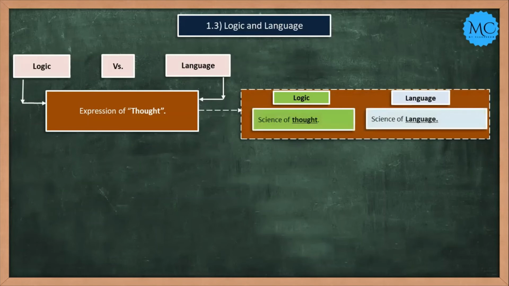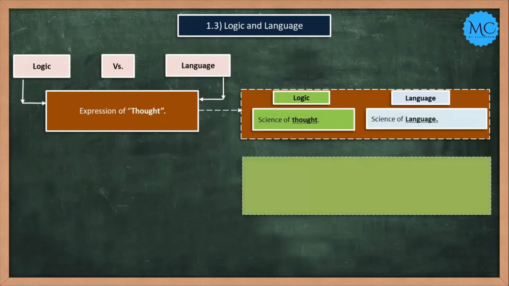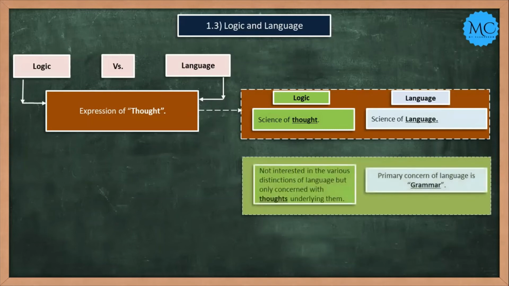So we can say logic is the science of thought and language is the science of language. The difference: logic is not interested in various distinctions of language, but only concerned with the thoughts underlying them, the thoughts underneath the sentences we use as expressions.